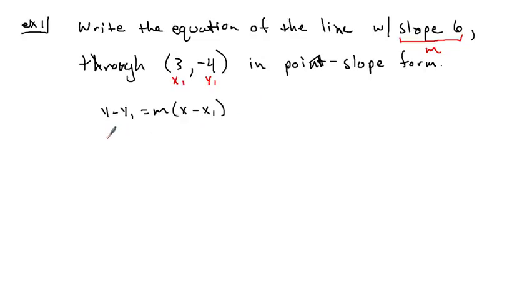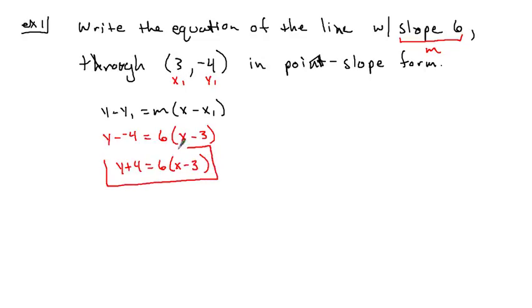So to solve this problem, you just fill everything in where it goes. So we have y minus -4 equals 6 times x minus 3. And the only thing you have to do is clean up this minus negative. So this is y plus 4 equals 6 times x minus 3. And that's it. That is your line written in point slope form.